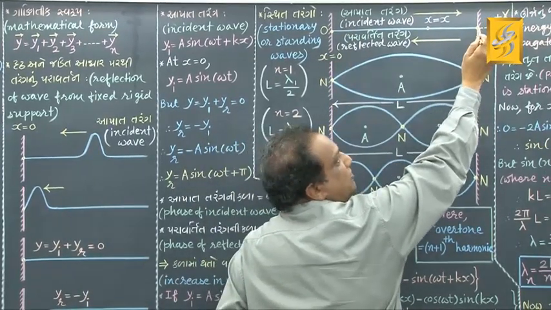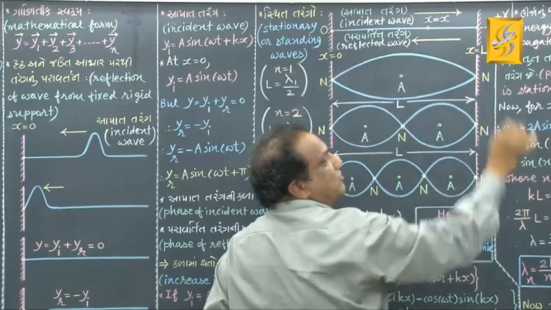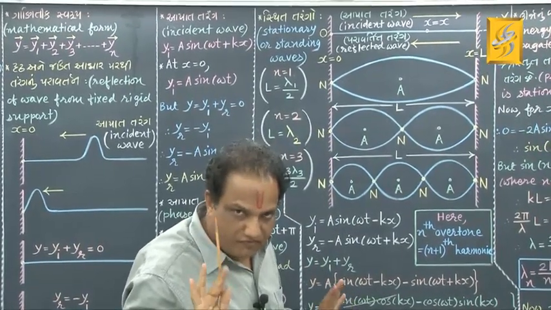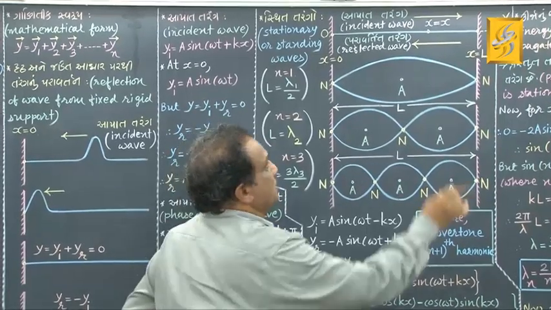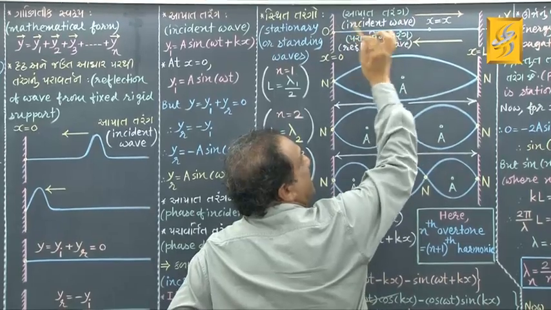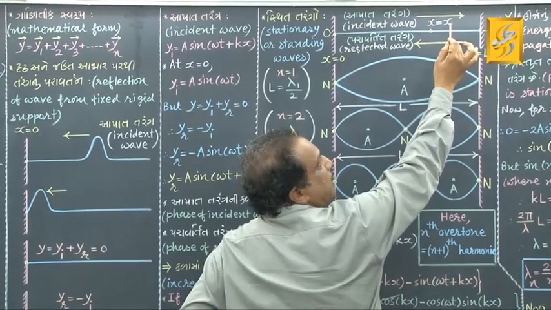For the right end of the string, x coordinate is equal to L, where L is the length of the string. Simple? Fine. Now you just assume one particle on the string which has x coordinate, say, equal to x.